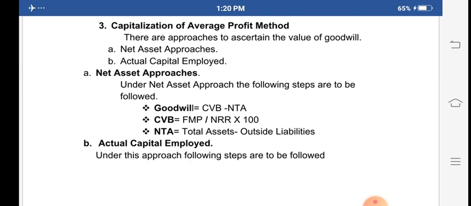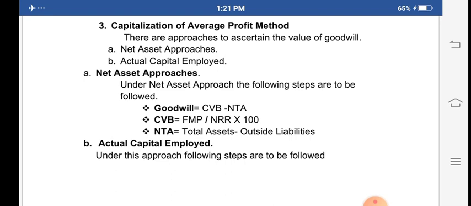NTA means net tangible assets. If you want to calculate the goodwill, you should know the CVB, the capitalized value of business. For that purpose, the formula is FMP divided by NRR into 100.